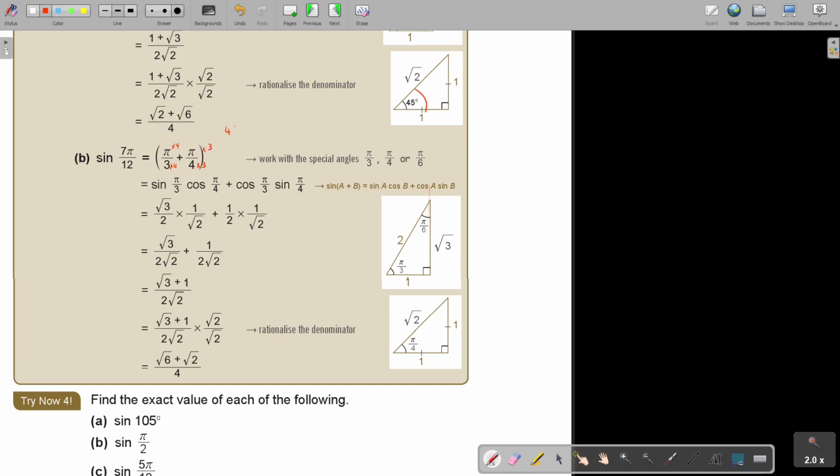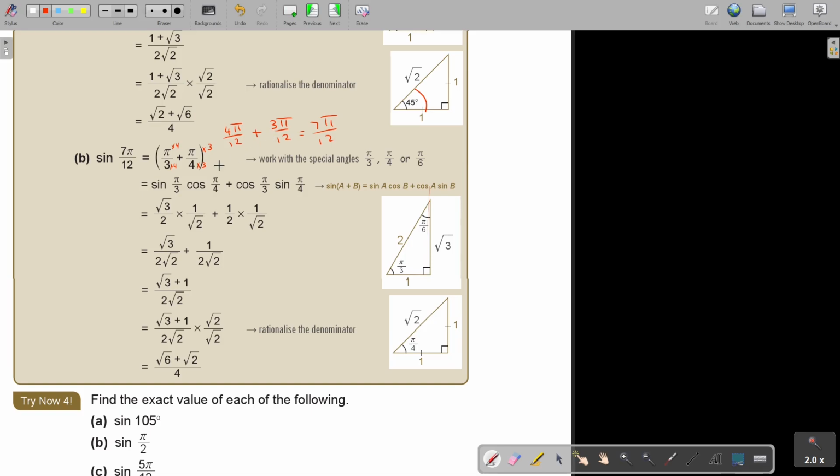So it will be 4 pi over 12 plus 3 pi over 12, and that's 7 pi over 12. Okay, so the best will be to first get your denominators and then see what fractions they used. Just make it first to 12, and then you will see what fractions they used.